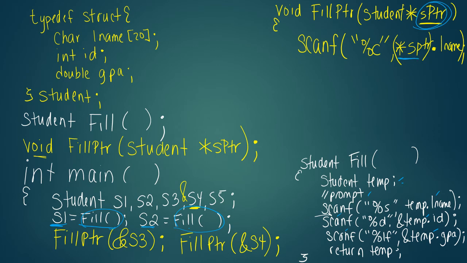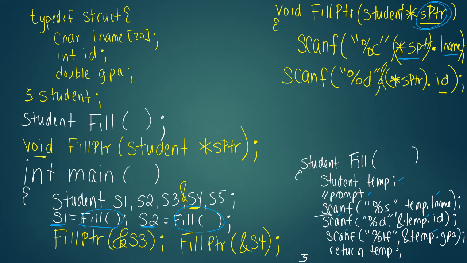Because the field name is a character array, it does not require an ampersand. But if I'm scanning into the ID, I'm going to use %d, dereference my pointer, SPTR dot ID, and because ID is an integer, I'm going to have to put the ampersand. I better write that neater so you can see it. I do need to put the ampersand there because ID is an integer.